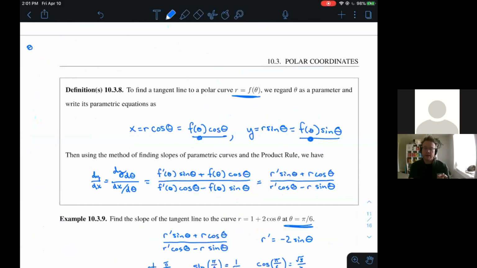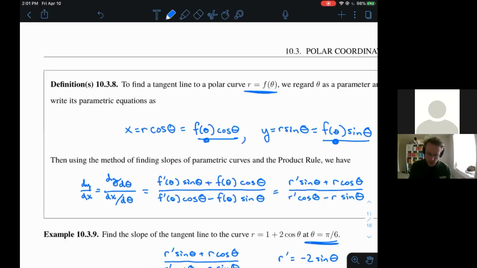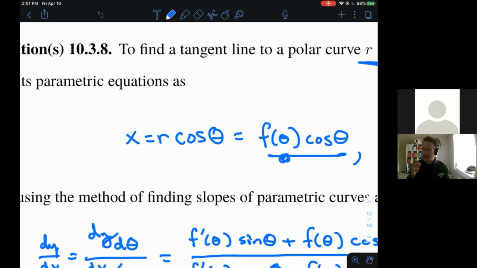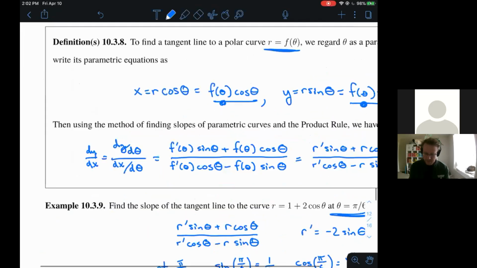Basically, we're thinking of these polar curves as parameterized curves. But instead of using a parameter t, our independent variable here is theta. We know the equation, for instance, x equals r cosine theta. If some curve is given to us as r equals something, it's good to look at the example down here.